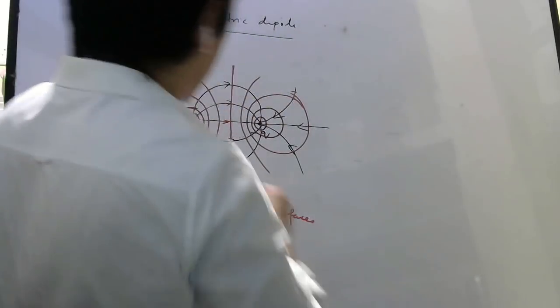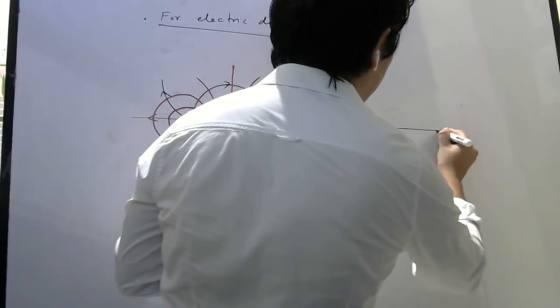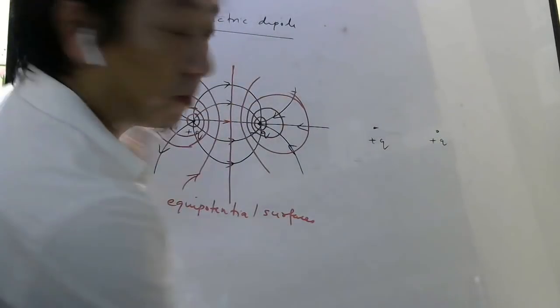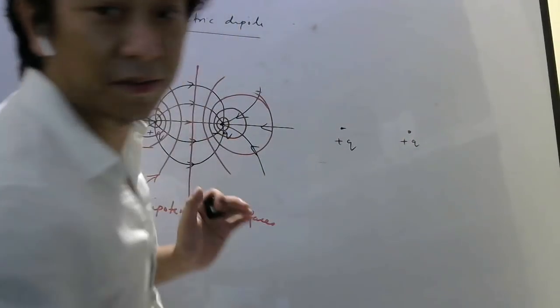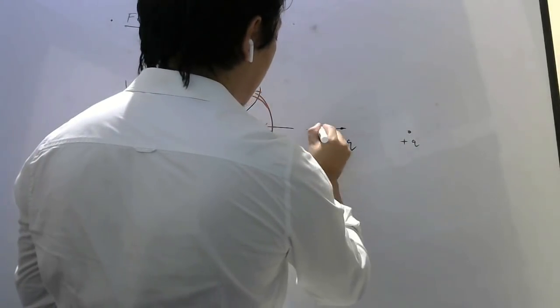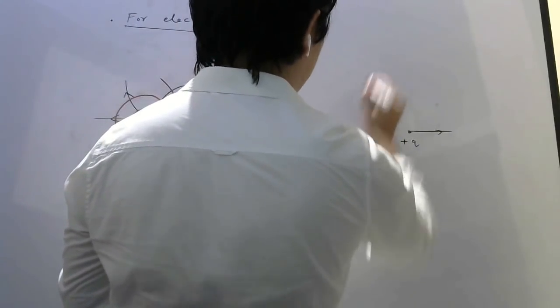But at least in MCQs, if they show you options, you should be able to tick the right one. Similarly, for a plus charge, if they ask how will you draw it? If you remember for a plus charge, the electric field lines go away, away. Then it goes like this.